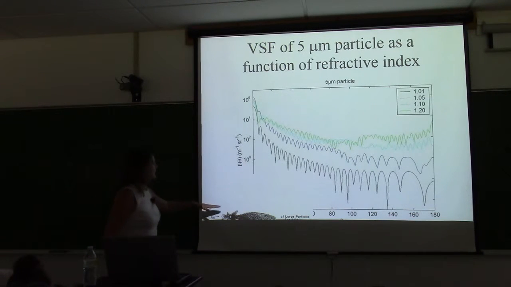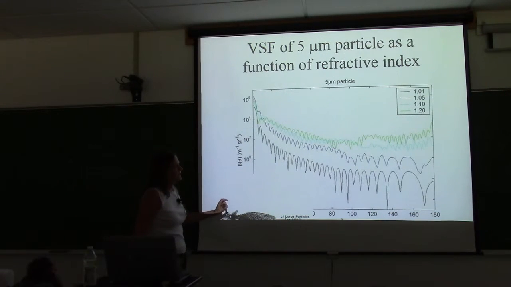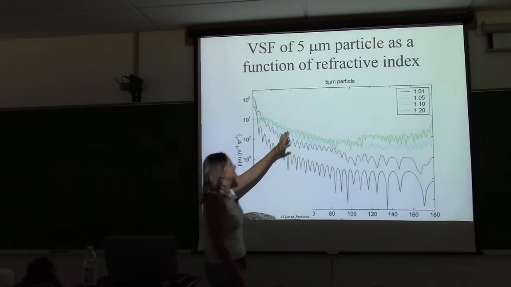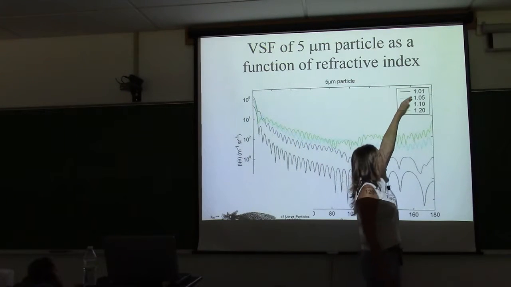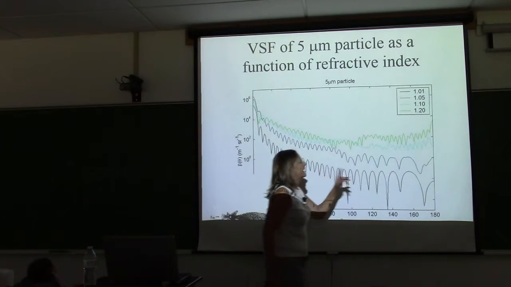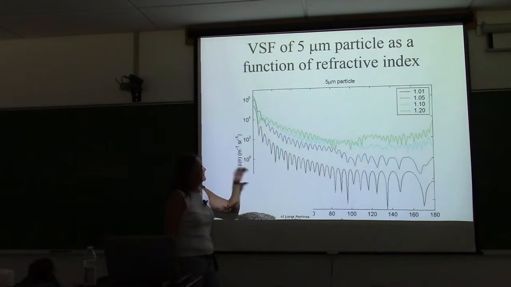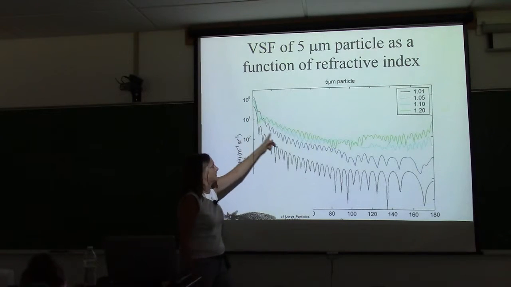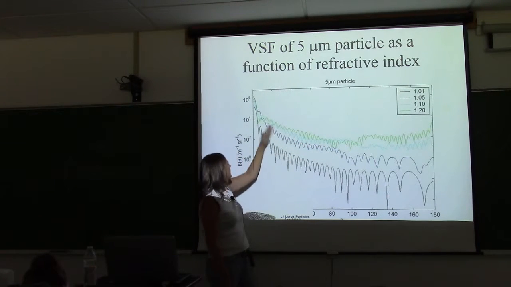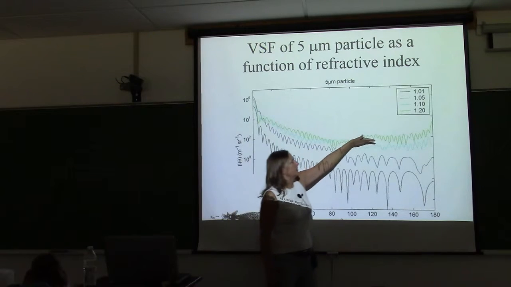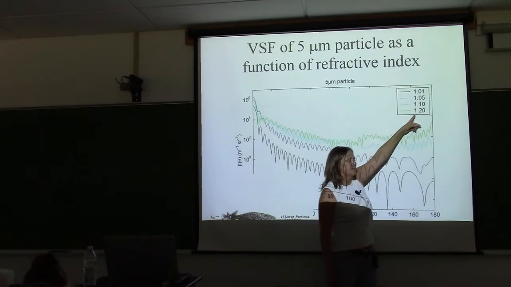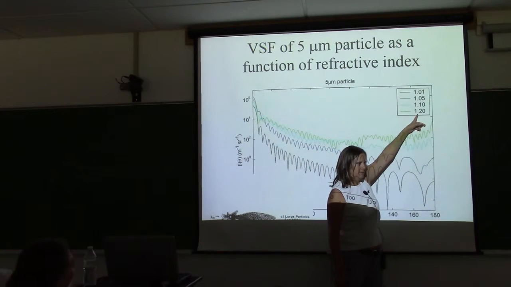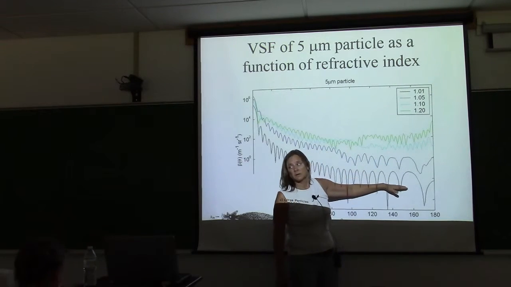You can take a particle of a certain size and model its index of refraction. This is a 5 micron particle of various indices of refraction. For an individual particle, you can model its volume scattering function. What you see, of course, is that the scattering is higher when the index of refraction is higher, and when the index of refraction is lower, the scattering is lower.